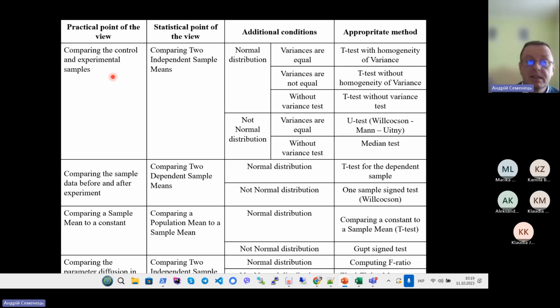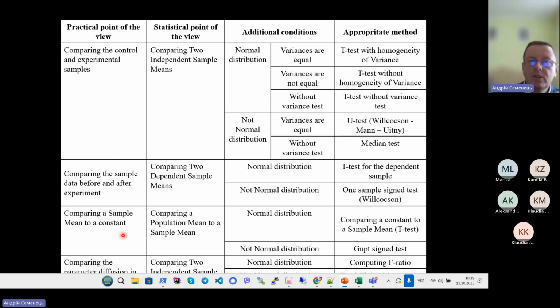Compare control and experimental samples, like patients, two groups of patients given medicine or placebo, so here are control and experimental groups. Or we observe the same group of patients before taking medicine and after taking medicine, so it turns into comparing samples before and after the experiment.